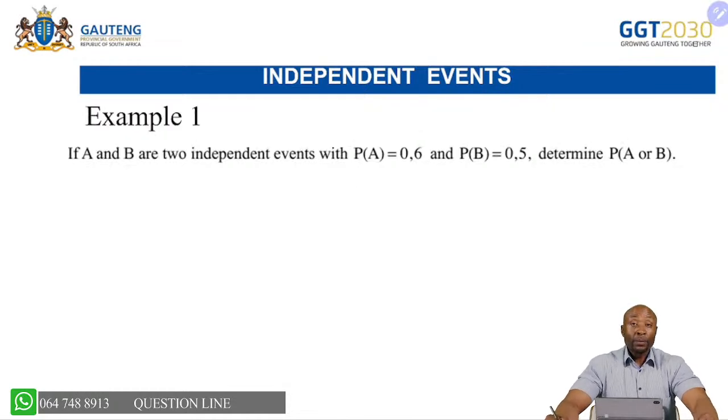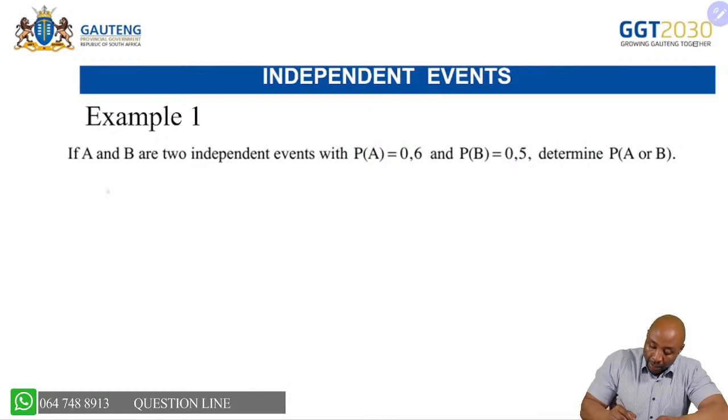As an example, if A and B are two independent events with the probability of A being 0.6 and the probability of B being 0.5, we need to determine the probability of A or B. Now, the first thing that comes into our mind is our probability identity.